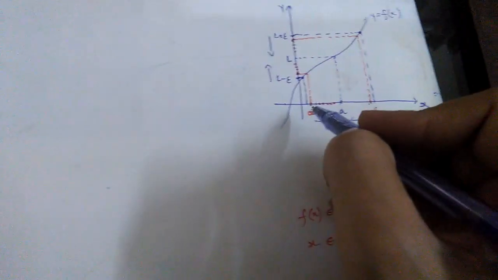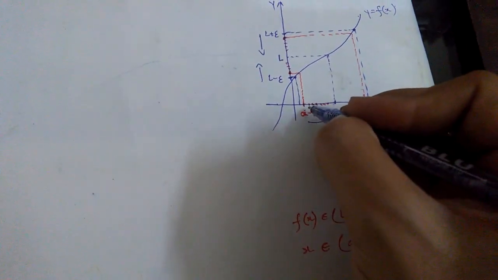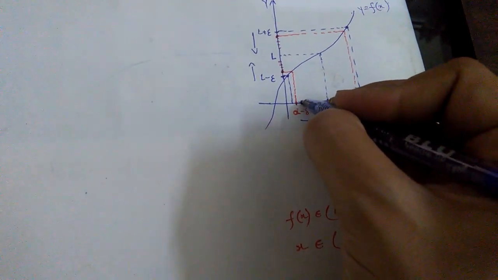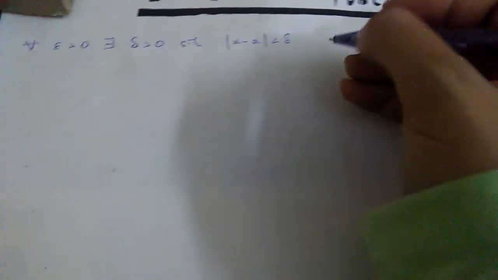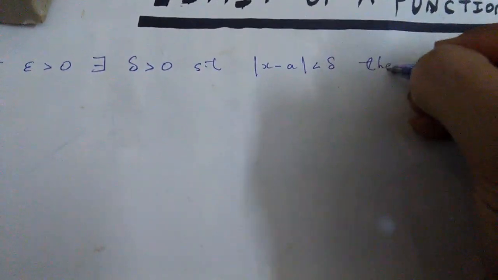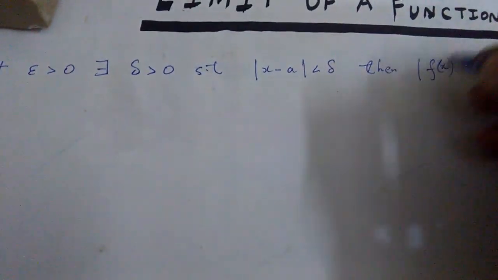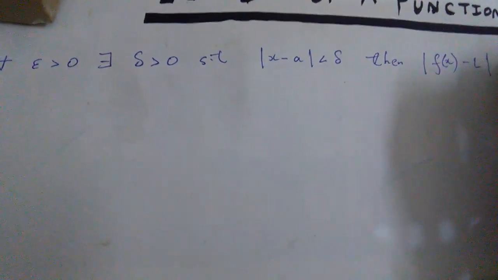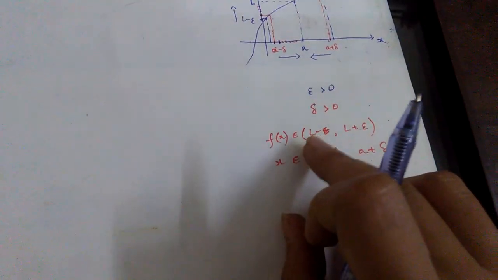As I've tried to make you understand, if you pick this x over here, its distance from a is of course less than your del. If this is happening, then of course the distance of your y coordinate, f of x, from L is also less than epsilon, because it is going to lie within this interval.